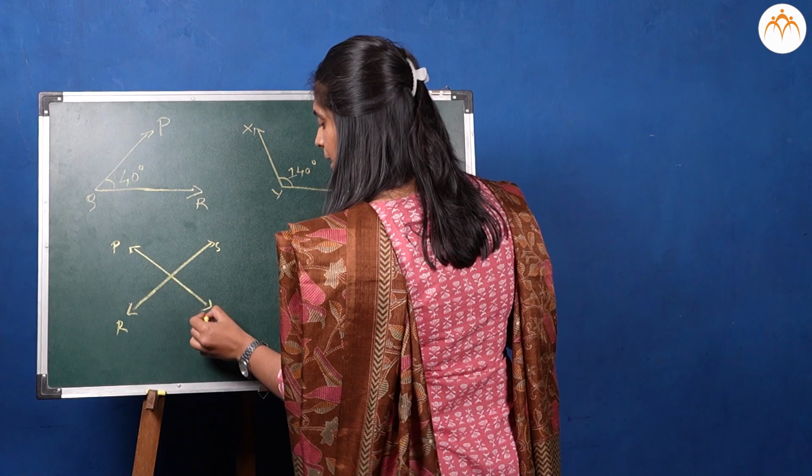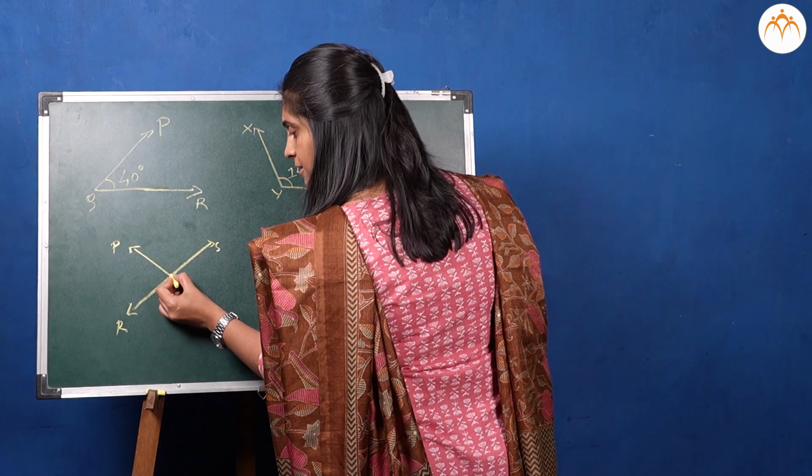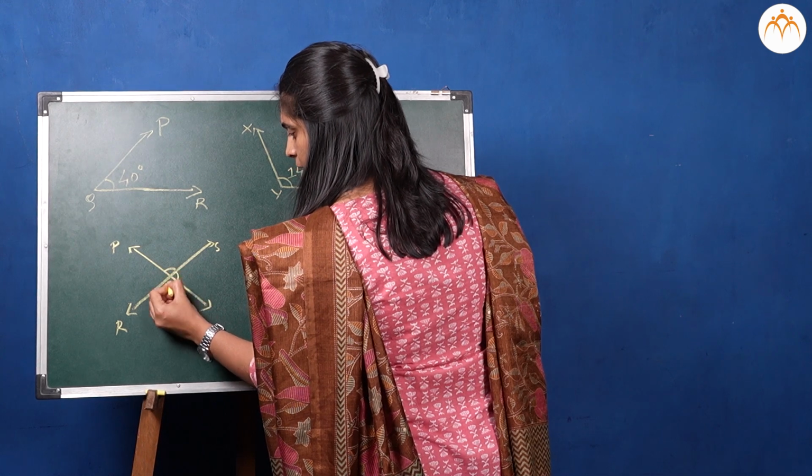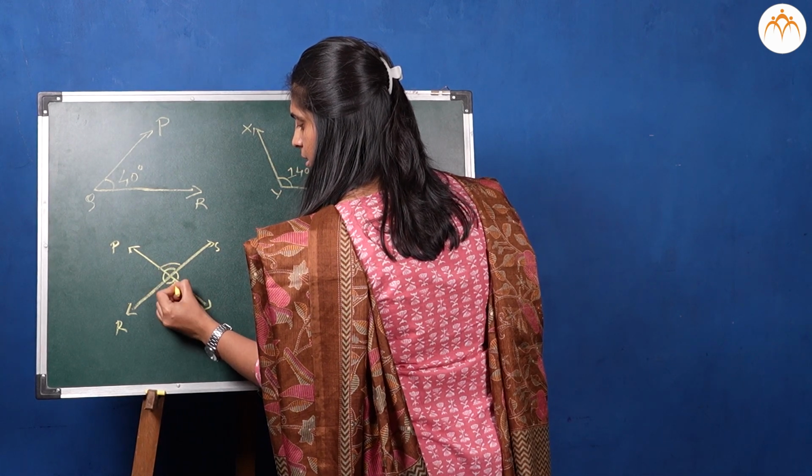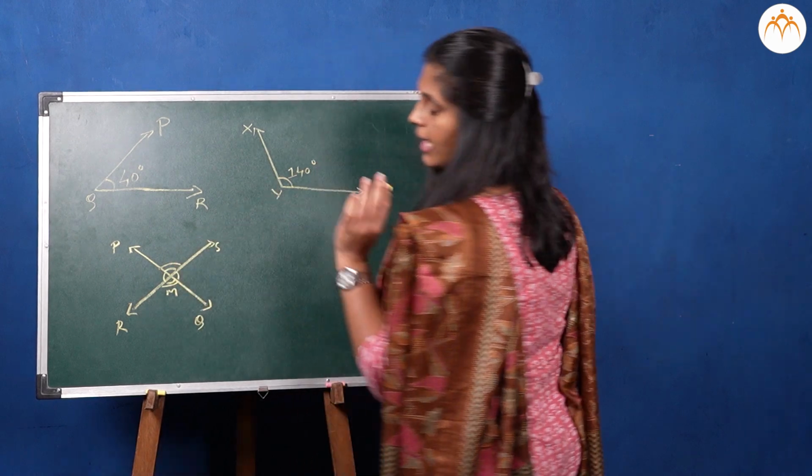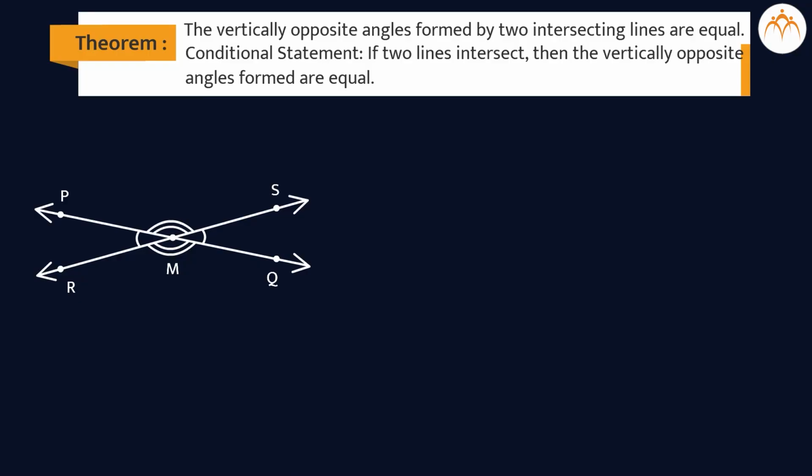Now, line PQ and RS intersect at this point, which is point M. So, what's given here? That line PQ and line RS intersect at point M. So, to prove that angle PMS is equal to angle QMR and angle PMR is equal to angle QMS, what do we have to do?